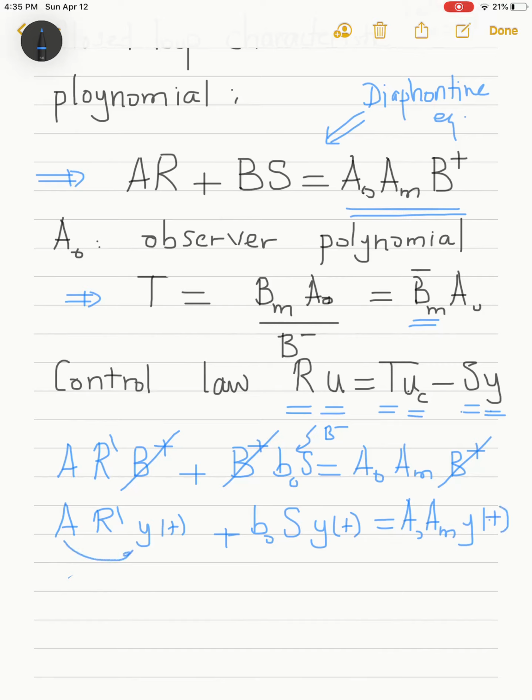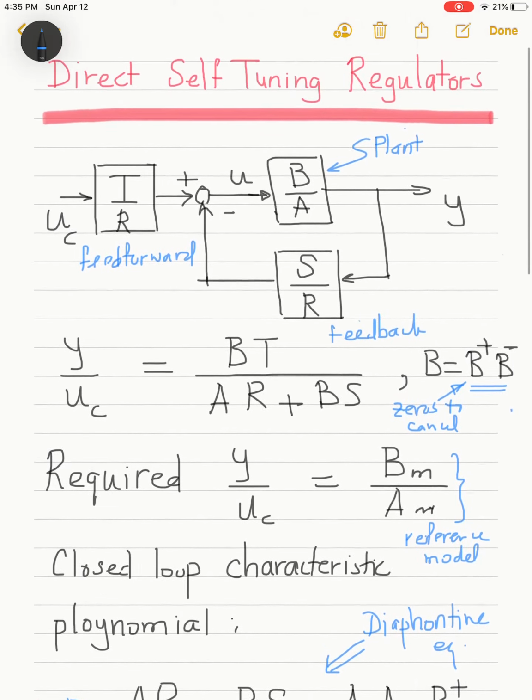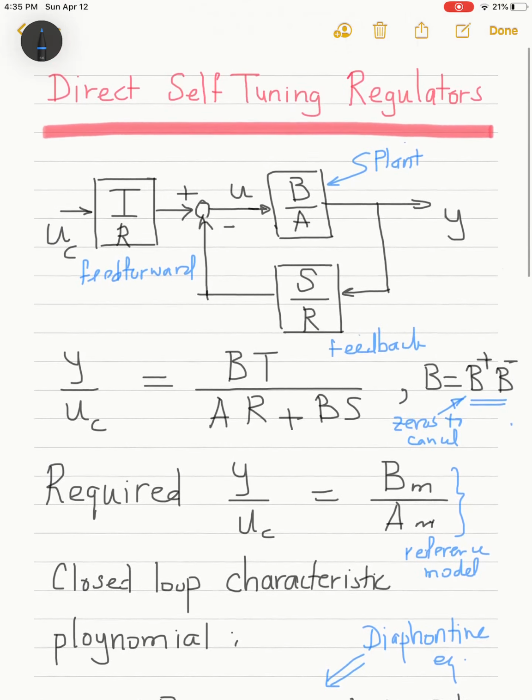Now I know that the product A times y from the original block diagram, this is y and this is u, so A times y should be equal to B times u. So I will just substitute for A y by B times u, plus B naught S y of t, and that should be equal to A naught Am y of t.